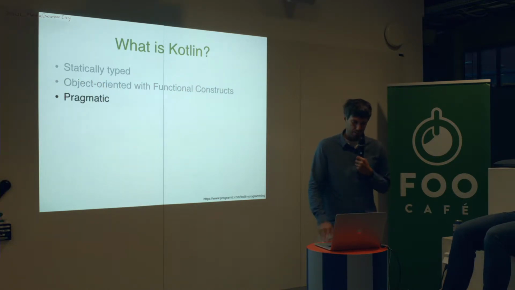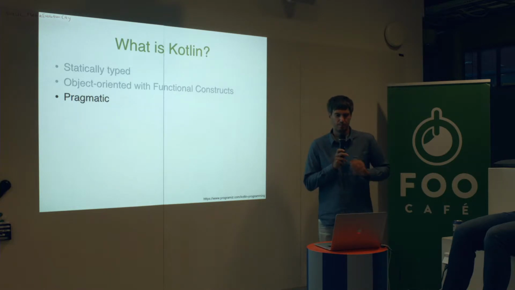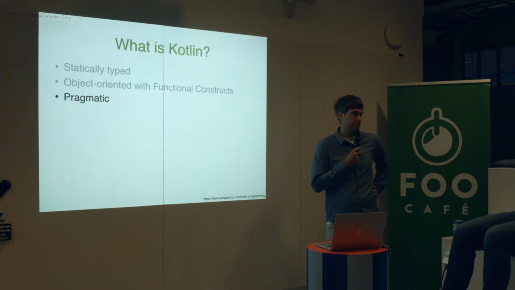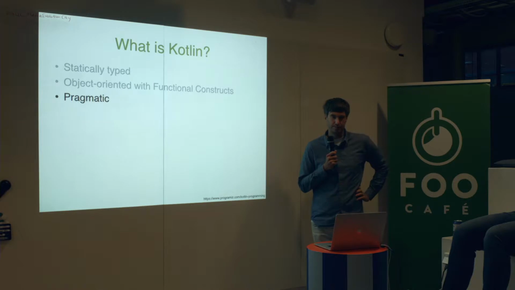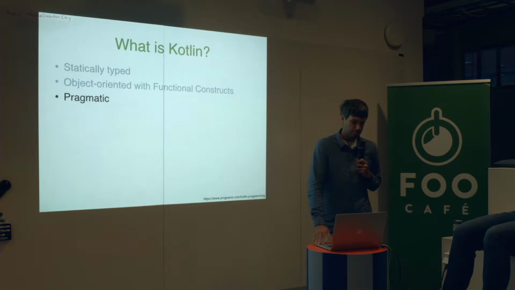It's also pragmatic, and I think that this is really one of the strengths of Kotlin. It's not a research language, and it's not trying to advance the state of the art in compilers. Instead, it just tries to bring in proven ideas from other languages and mix them into Kotlin.